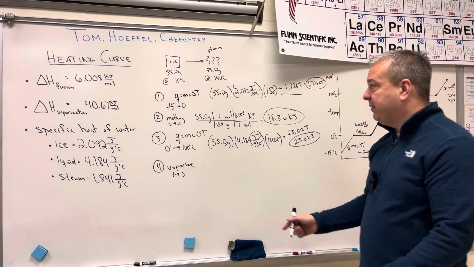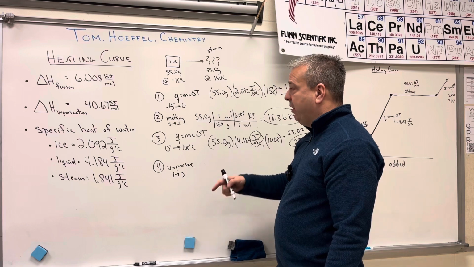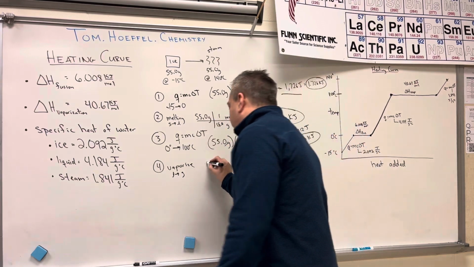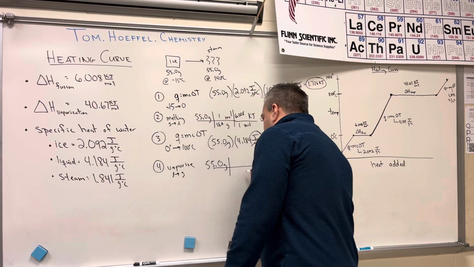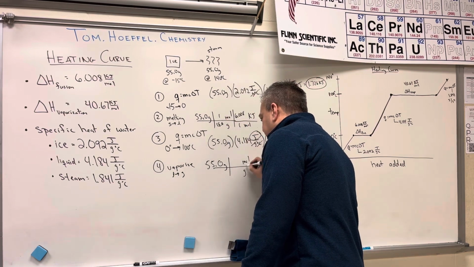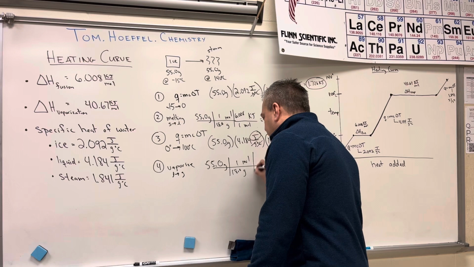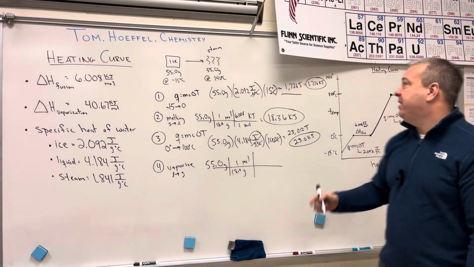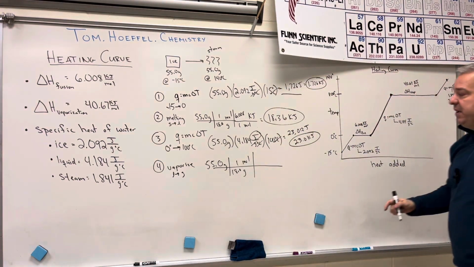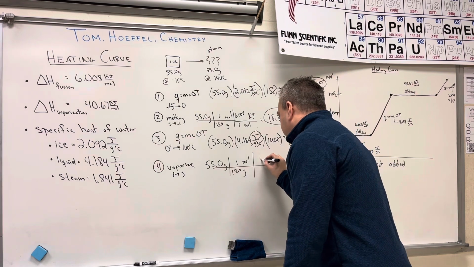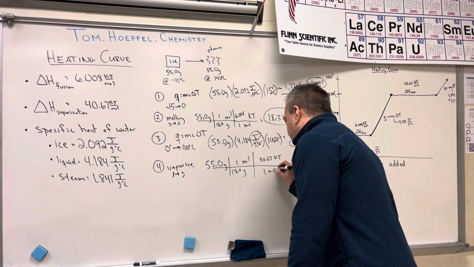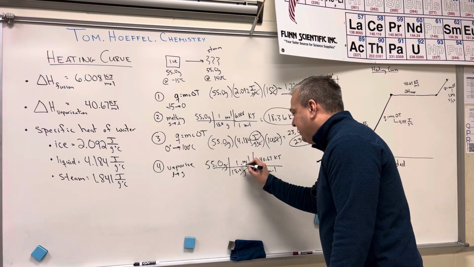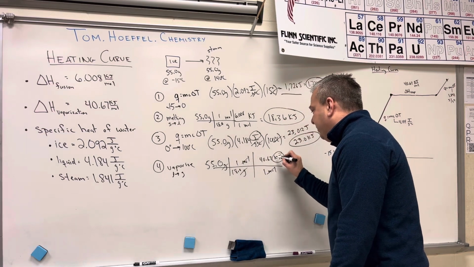And to do that, we're going to take our 55 grams of water, we're going to convert it to moles, and this time we're going to use the heat of vaporization, which is 40.67 kilojoules per mole. And you can see the grams are going to cancel out, the moles are going to cancel out, and I'm going to be left with kilojoules.